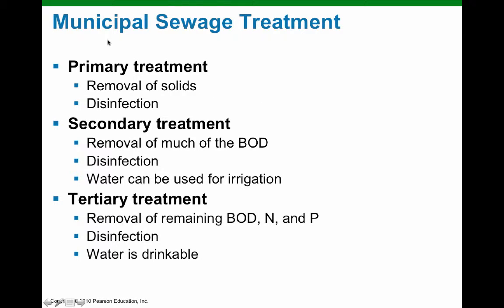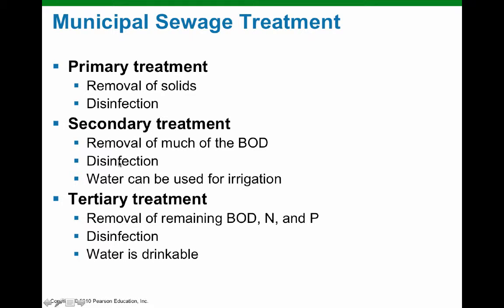And then lastly, we have municipal sewage treatment, which contains 3 different phases. So please remember what happens in each phase. In the primary treatment phase, you have the solids that settle out and a cycle of disinfection. In the secondary stage, you remove much of the biochemical oxygen demand, so much of the organic matter.